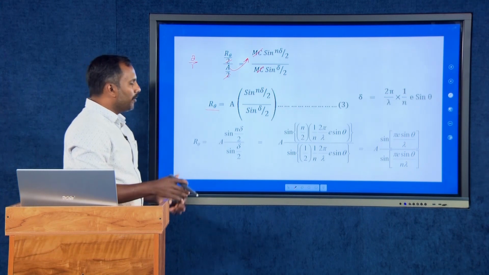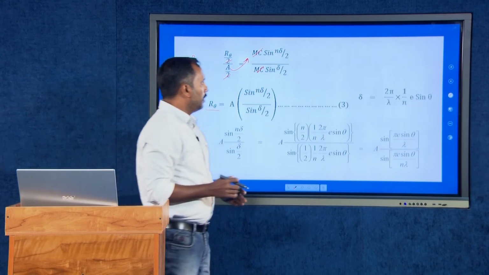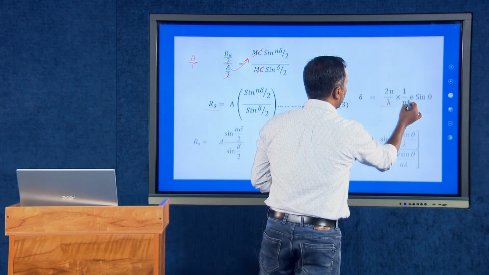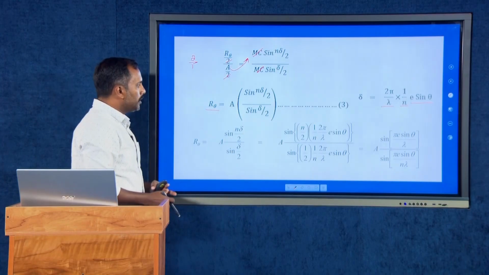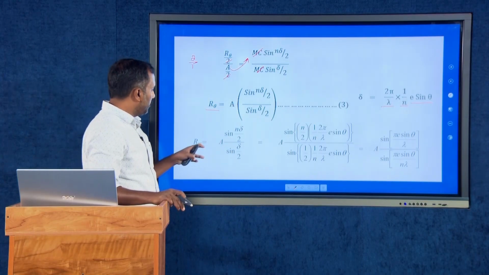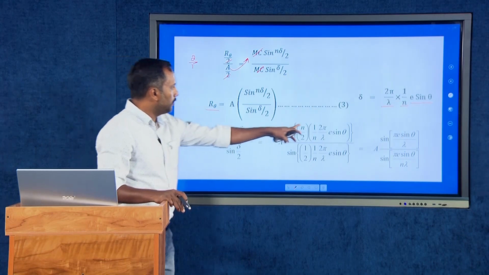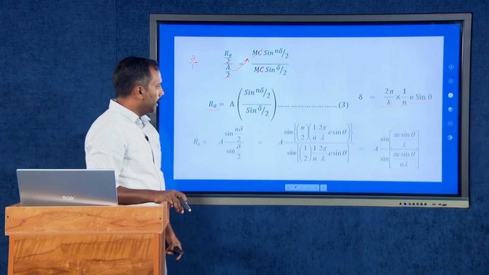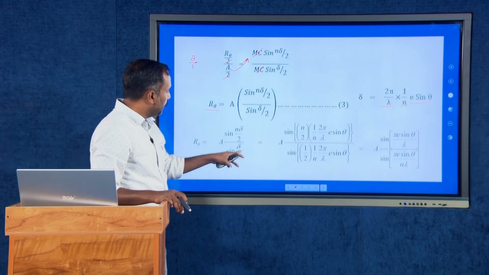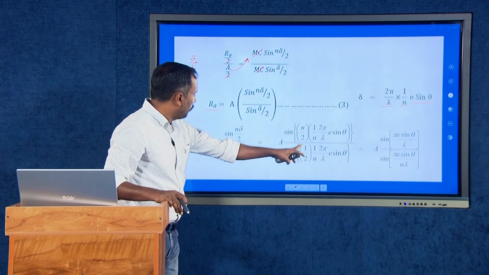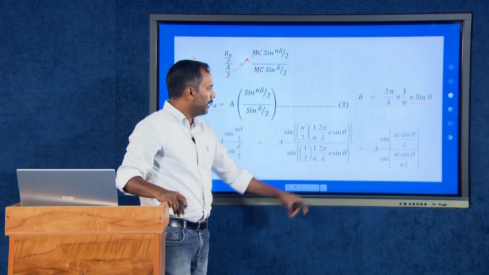Well, here we know the value of delta. Delta is 2 pi by lambda into 1 by n into e sin theta, which we have already derived in this session. So I am substituting the value of delta here. So R theta is equal to a into sin of n by 2 into the value of delta, divided by sin delta by 2, where I substitute delta as 1 by n into 2 pi by lambda into e sin theta.